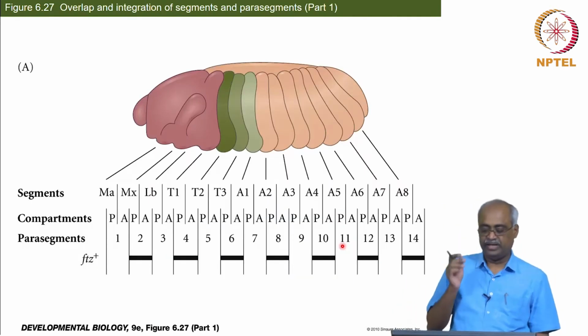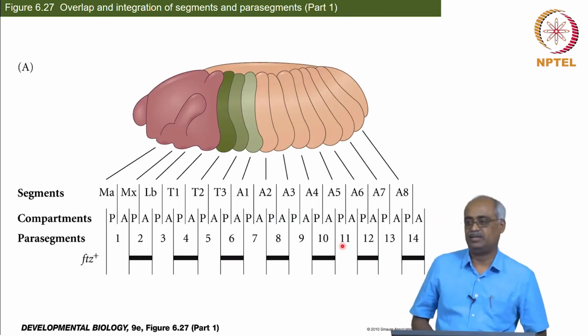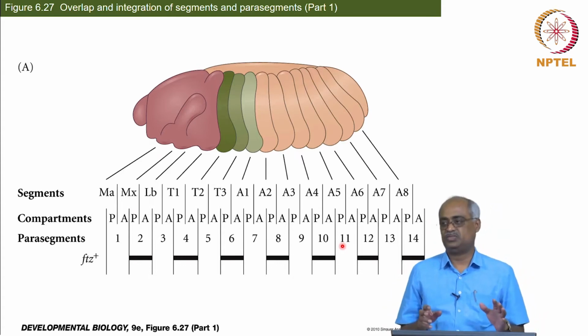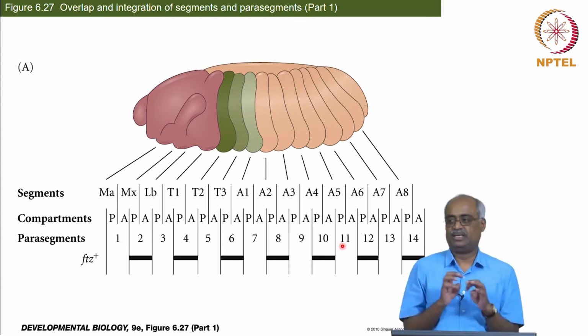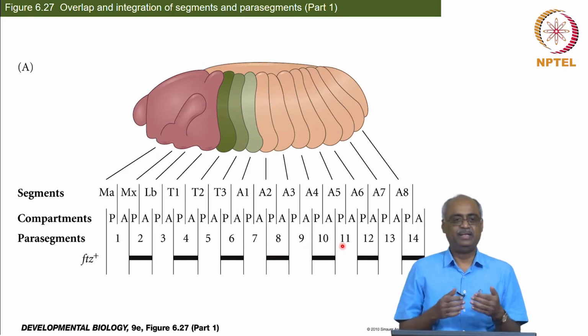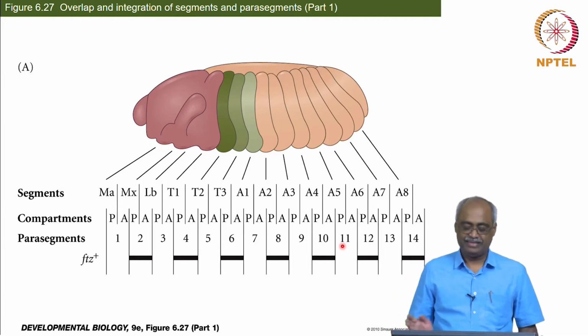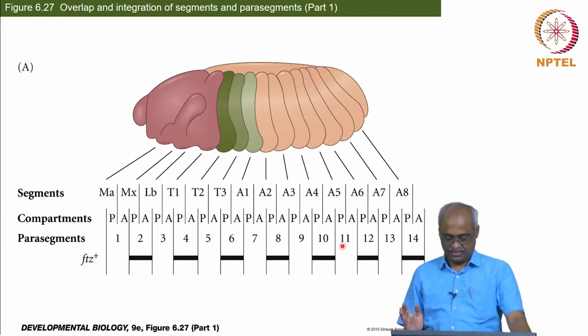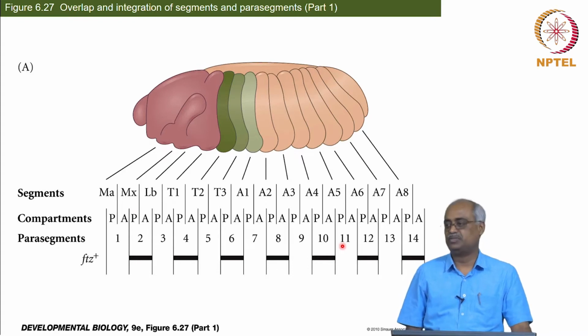So, now we need to understand a new concept called parasegment and segment relationship and why such a thing exists. Okay. So, the visible morphology has segments, but internally when you look at the molecular constellation of the embryo, another segmented pattern exists, and that is the parasegments.